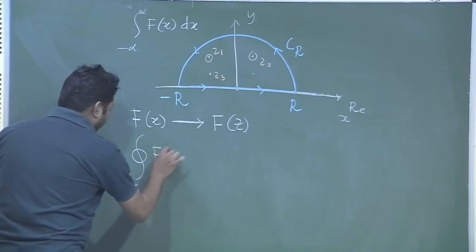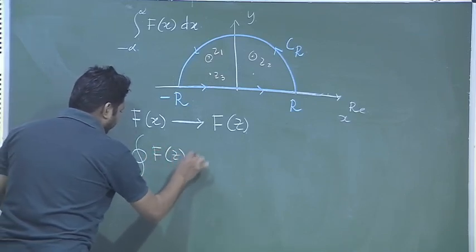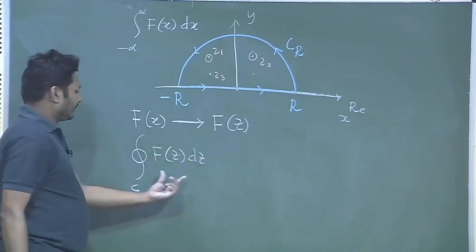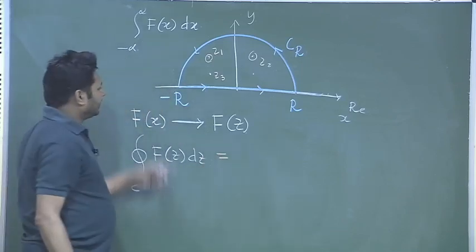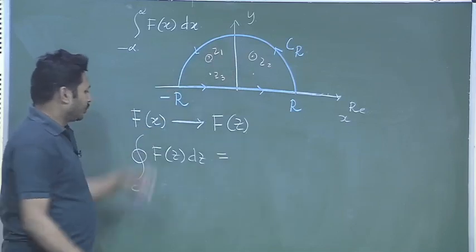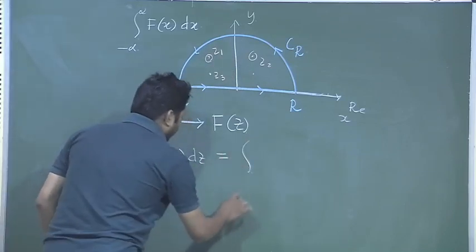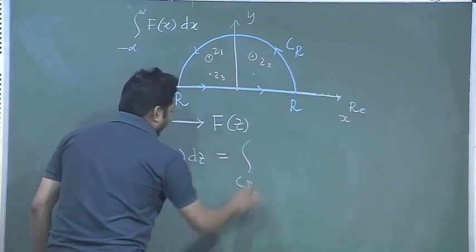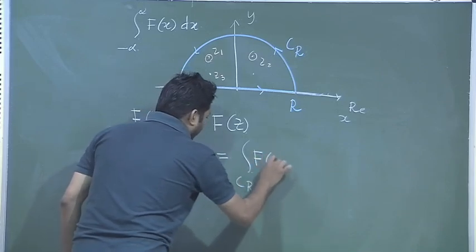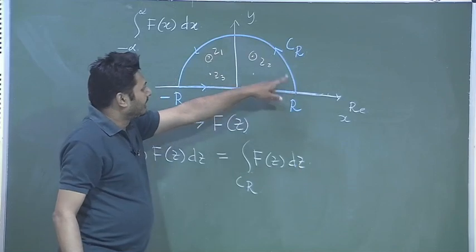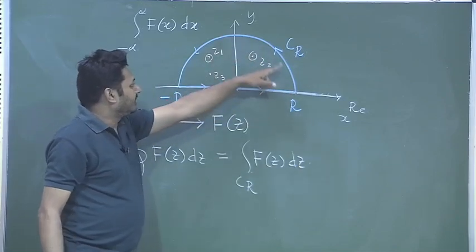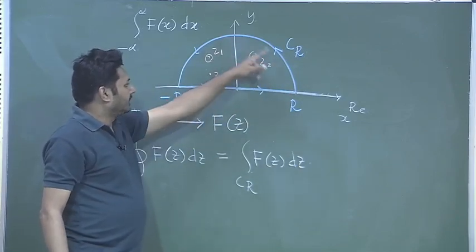Then this integral of f(z) over C is nothing but the combination of two integrations. One is the arc integration over CR, where my function f(z) remains the same, because I am doing the calculation for all complex numbers.